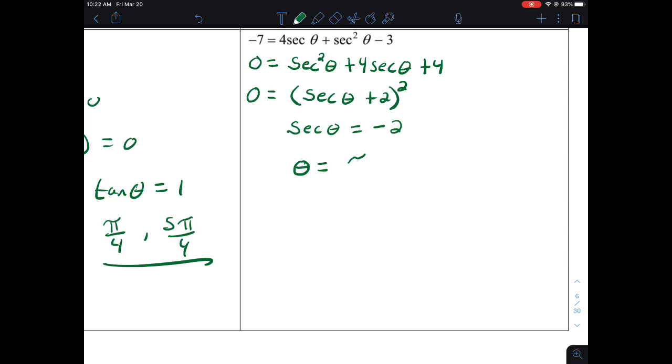So the pi over 3 in quadrant 2 is going to be 2 pi over 3. And in quadrant 3, the pi over 3 radian measured there is going to be 4 pi over 3. So there's my solutions.